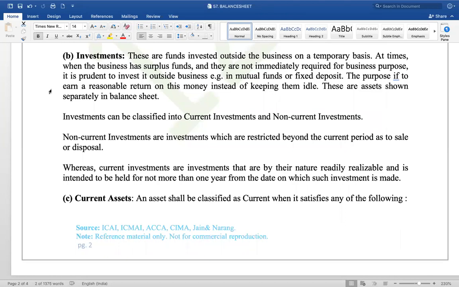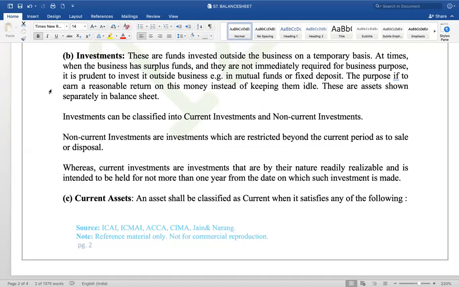At times when the business has surplus funds, they are not immediately required for business purposes. What they do is they just keep that surplus money in the shares of other companies, maybe in mutual funds. So these are investments, and you can categorize them as fixed assets if they are for the long term.